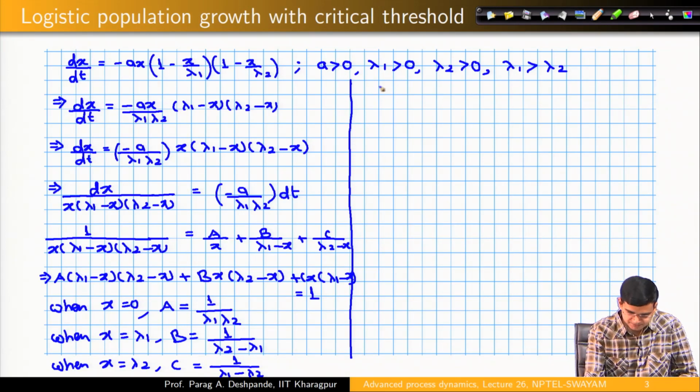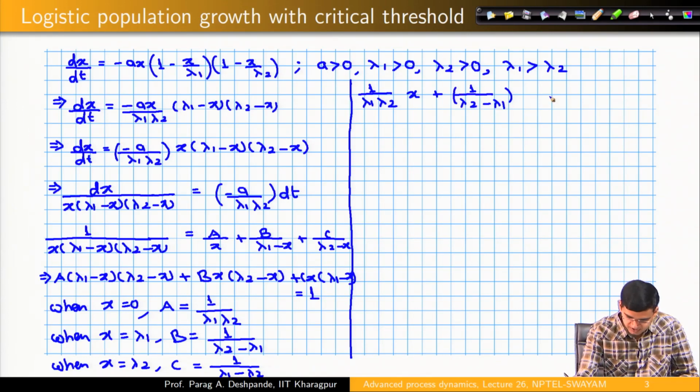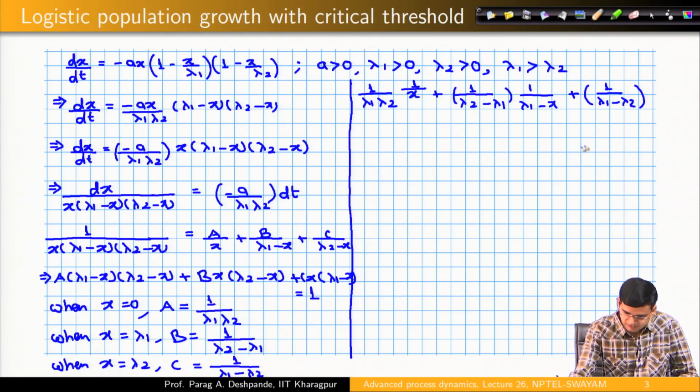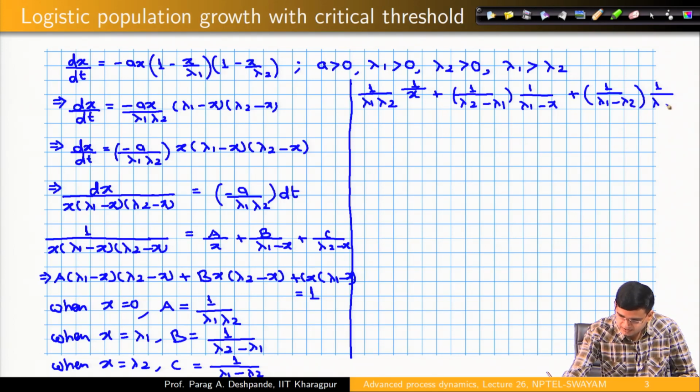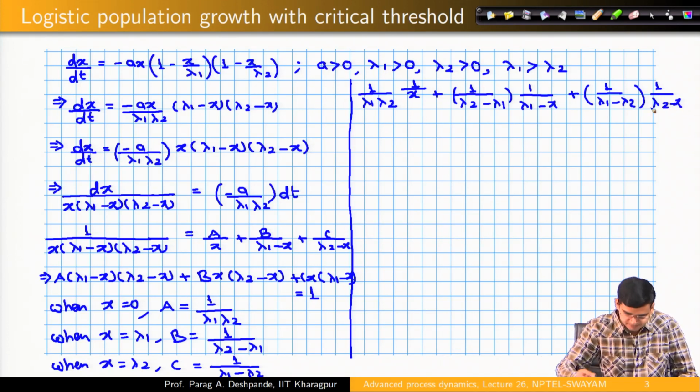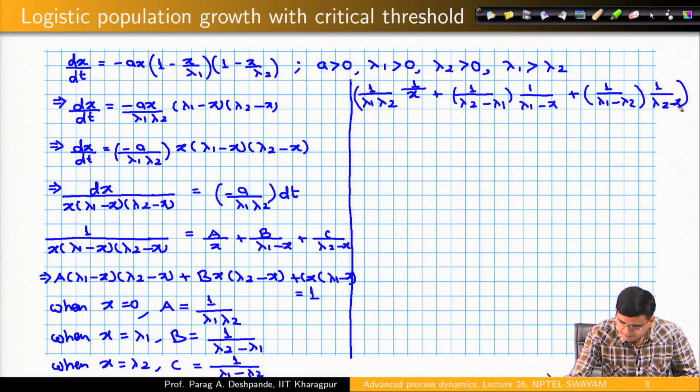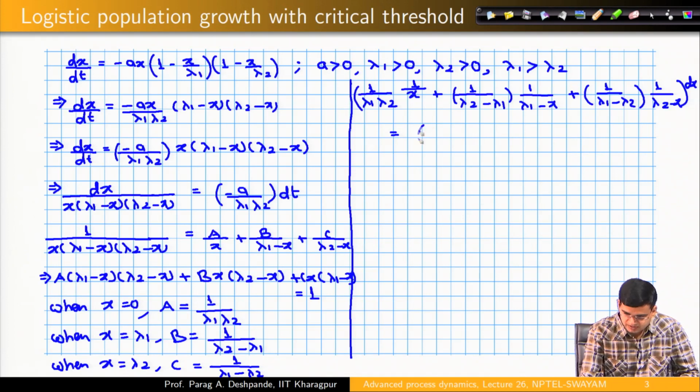So, I can now write 1 upon lambda 1 lambda 2, that is a, multiplied by 1 upon x, plus b, 1 upon lambda 2 minus lambda 1, multiplied by 1 upon lambda 1 minus x, plus c, c is 1 upon lambda 1 minus lambda 2, 1 upon lambda 2 minus x, okay. And this entire thing dx should be equal to minus a upon lambda 1 lambda 2 dt.